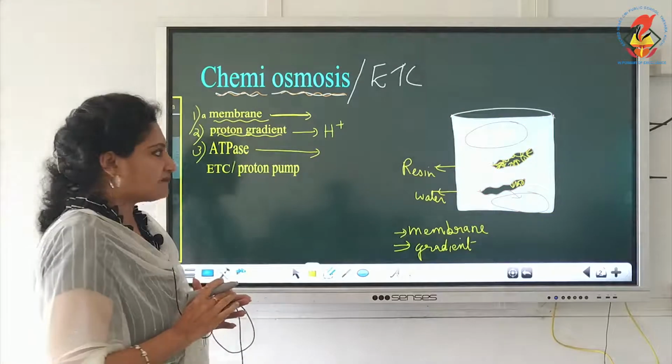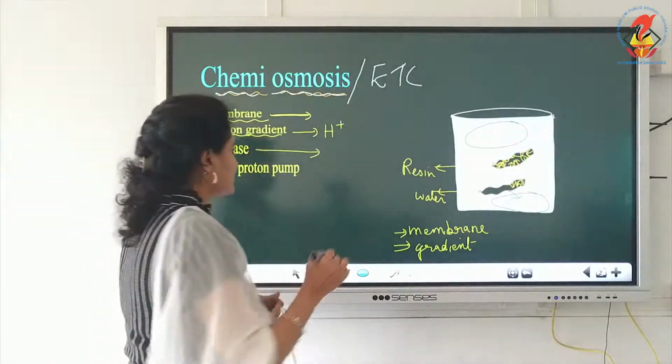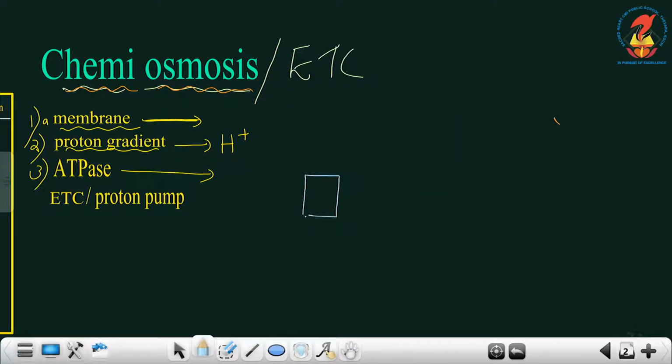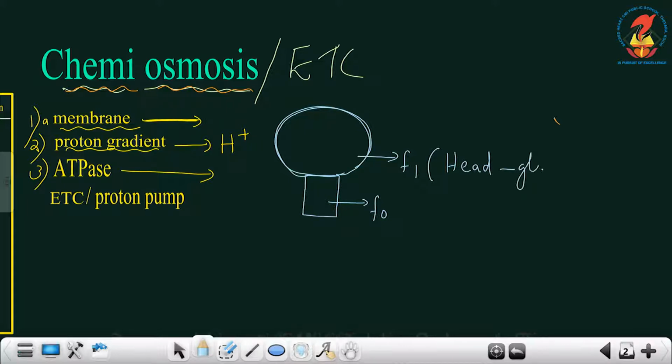ATPase is an enzyme which comprises two parts. The two parts are F0 and F1. Now to describe F1, it is called the headpiece. It is globular, and also it is a peripheral membrane protein.